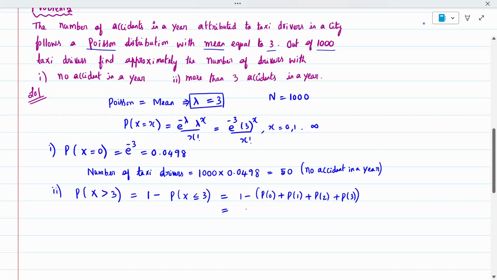So 1 minus, in this I take e to the power minus 3 outside, so it is easy for my calculation. 1 plus 3, plus 3 squared by 2 factorial, so 2, plus 3 cube by 3 factorial, so 6.